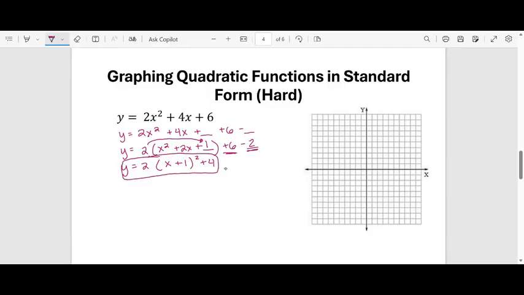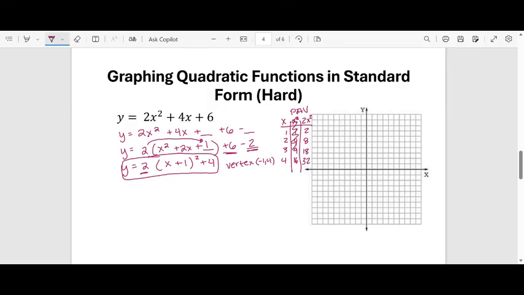So my vertex here will be negative 1, 4, and my pattern about the vertex table will have 3 columns, just like last time. My coefficient's 2, so I'll have x squared, and 2x squared. So I'll go 1, 2, 3, 4, 1, 4, 9, 16, and 2, 8, 18, and 32.